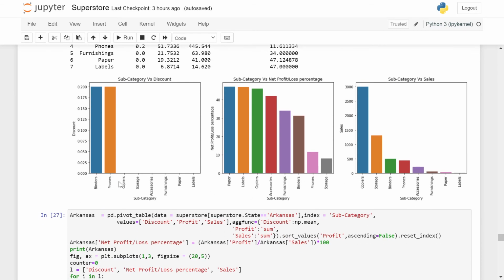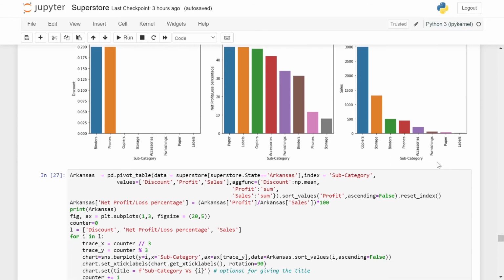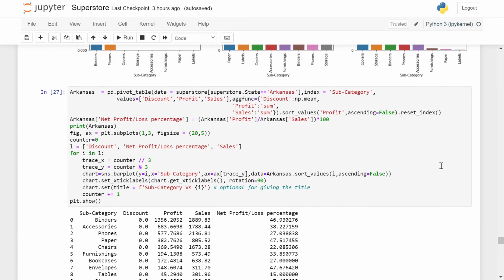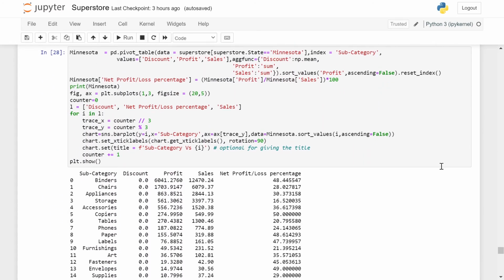I can see they are giving discounts of not more than 20%, and they also increase their sales, and that's why their profit also increases. The same pattern I see in the Arkansas and Minnesota states.